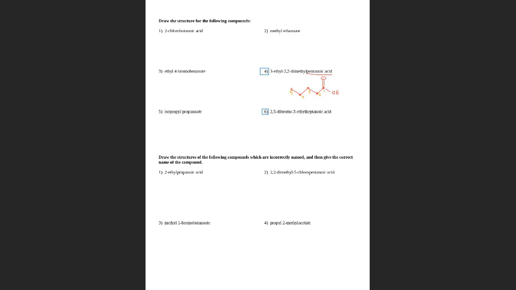And so, okay, I'm going to go ahead and then put my branches on it. On carbon number 3, I have an ethyl group, so that would be a 2-carbon branch. 1, 2. There's my ethyl group. And then it says 2,2-dimethyl, so I would put 2 1-carbon methyl groups on it.